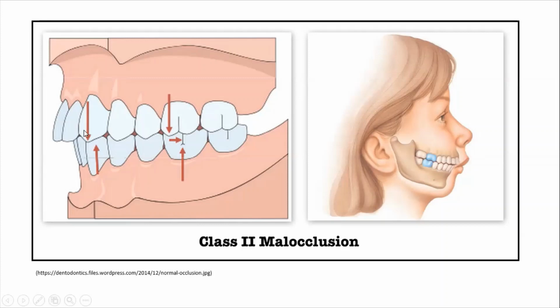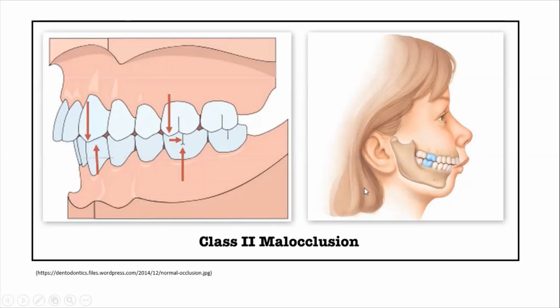And then this causes the central incisors to slightly flare out. So basically everything's kind of pushed forward. You can see in the patient's profile, she's got a widened upper lip, a small chin. You can see the way the molars are lining up in her jaw.